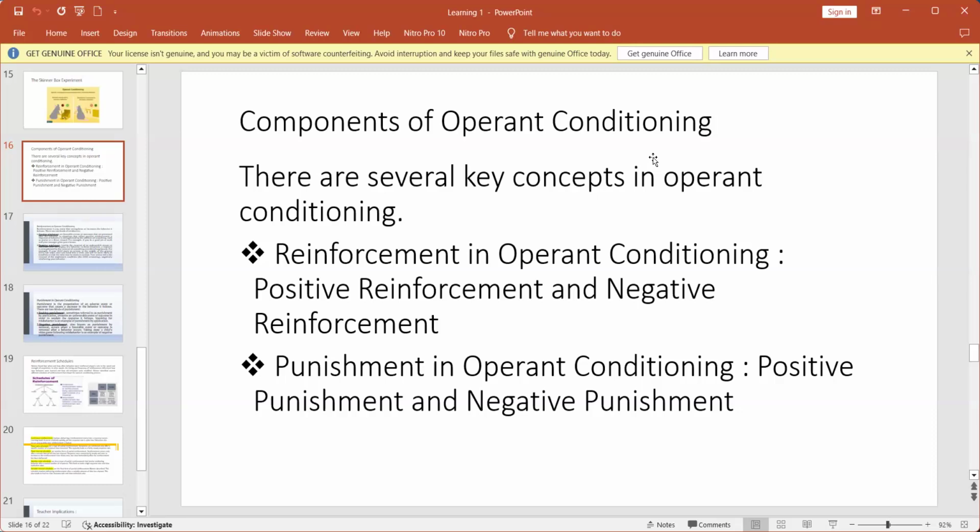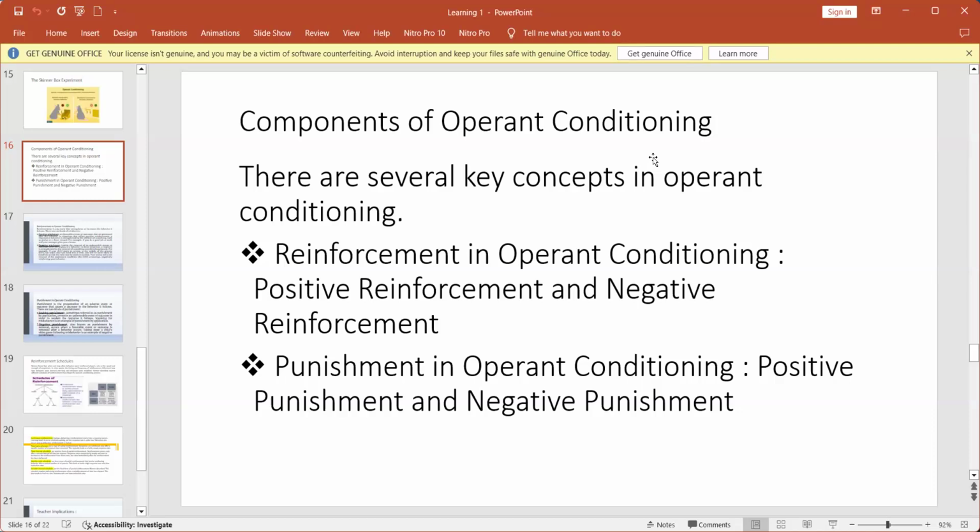So we are now going to look at what they mean, and what are some classroom examples for the 4 types. So we'll look at the first one, reinforcement, the 2 types, positive reinforcement and negative reinforcement. We are taking the first 2. This is what you should keep in mind.